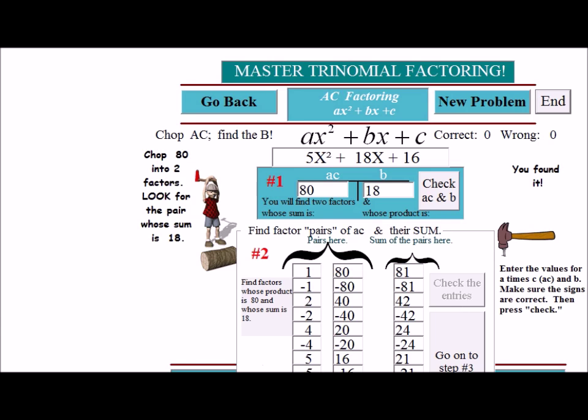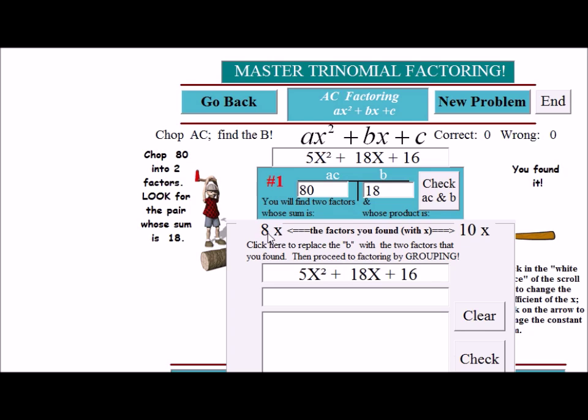So now we want to go on to step 3. We found out that it was 8x and 10x, so now what they want us to do is divide this 18x into 8x and 10x, and I'm going to do that for you. Now we factor the first two terms and factor the second two terms.